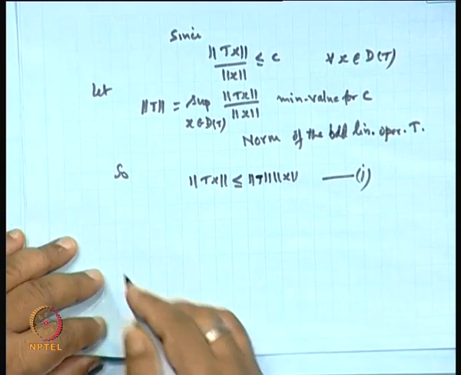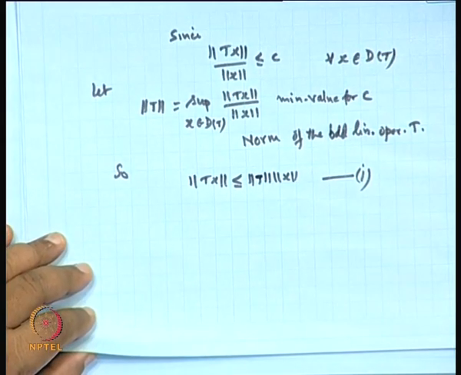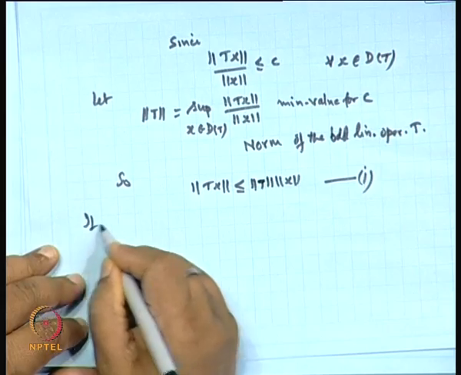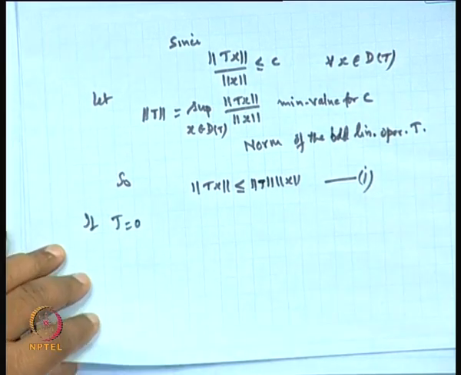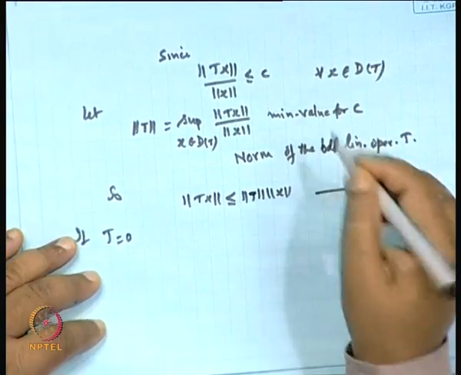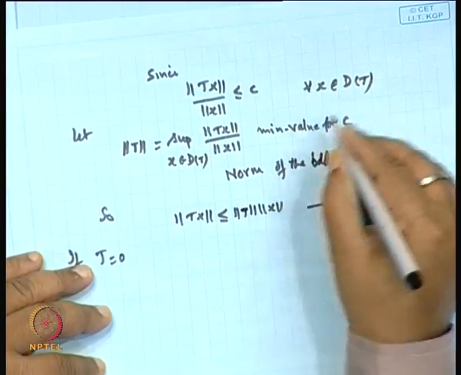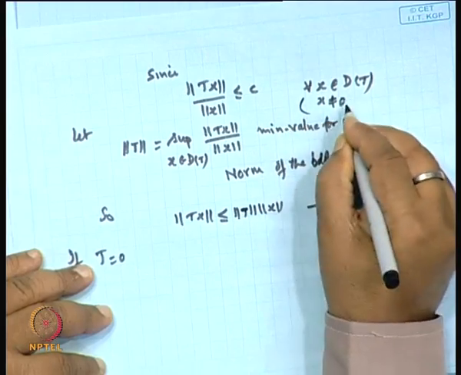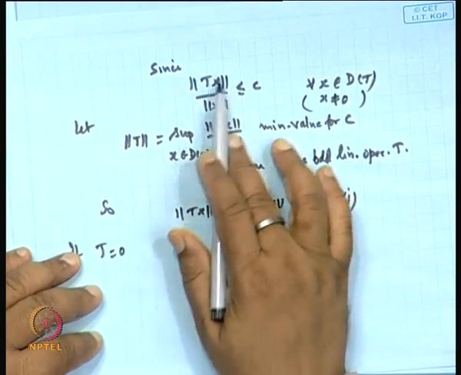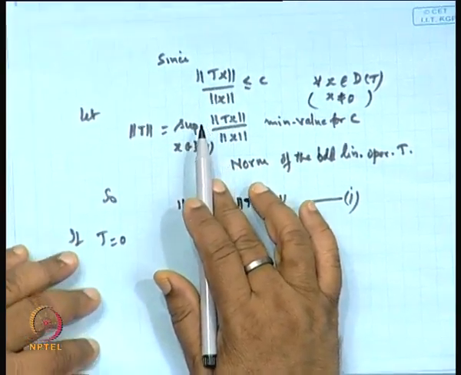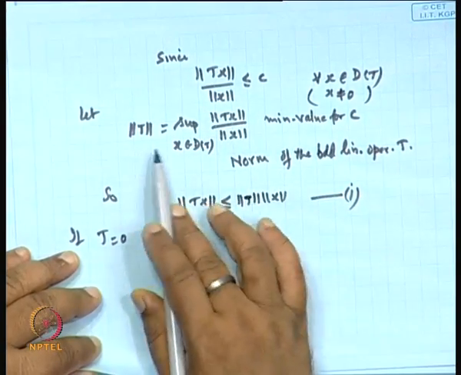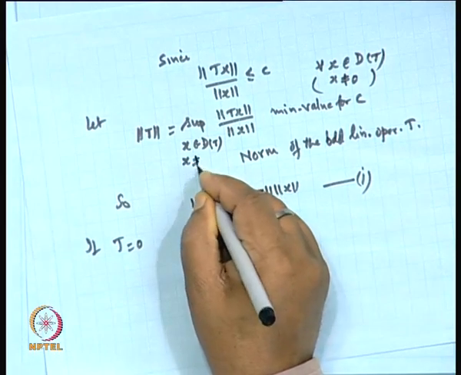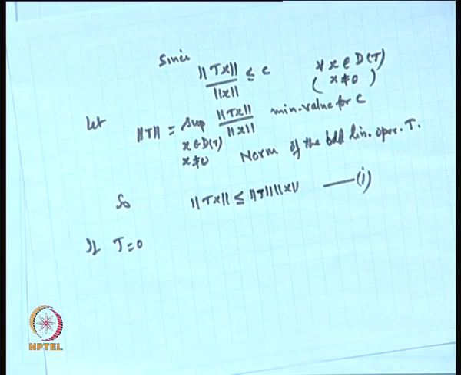Now, if T is 0, because 0 is also a bounded operator, one more thing I write: this is for all x which are different from 0, because if x is 0 we cannot divide by it. So, for all x which are non-zero, the minimum value of C will be defined like this, x not equal to 0.